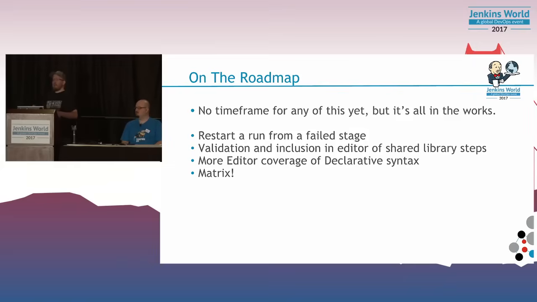One shortcoming that I have found with shared library steps currently, with declarative, with the editor, with the snippetizer, is they don't show up in the editor and the snippetizer because they're not actually steps. And there's no validation of parameter names, types, et cetera, the goodness that declarative provides for steps.